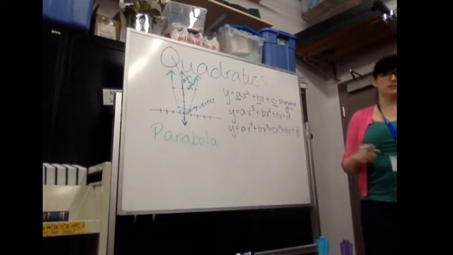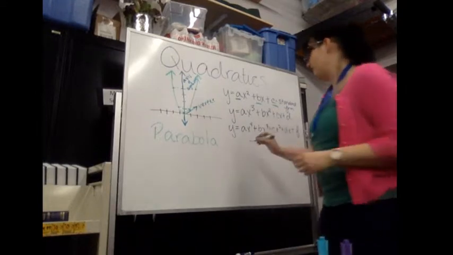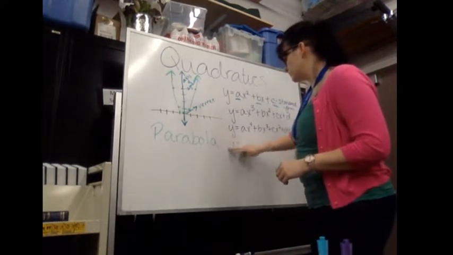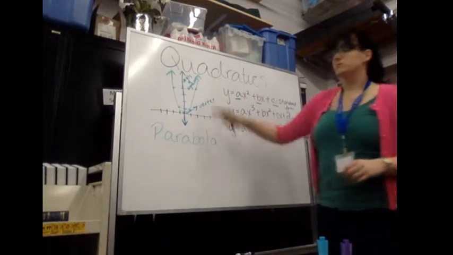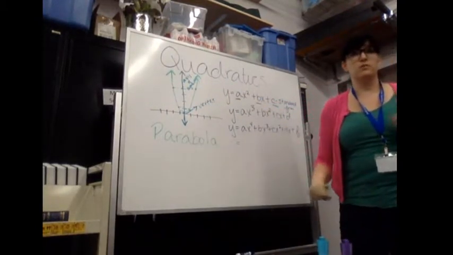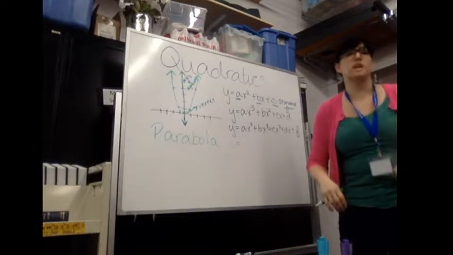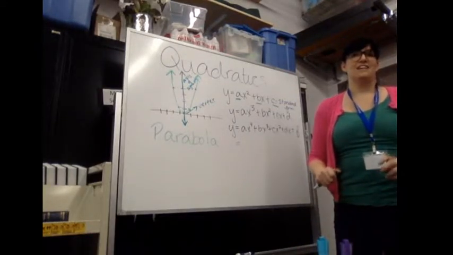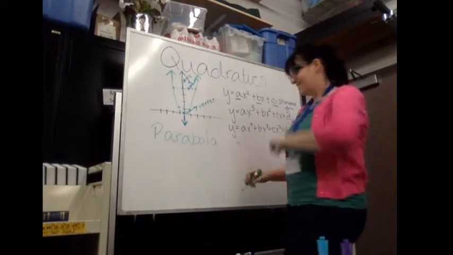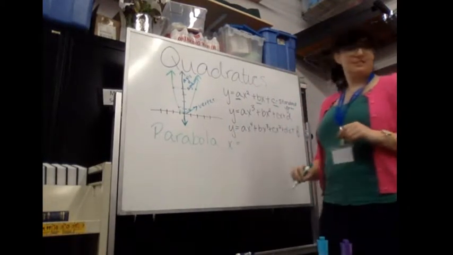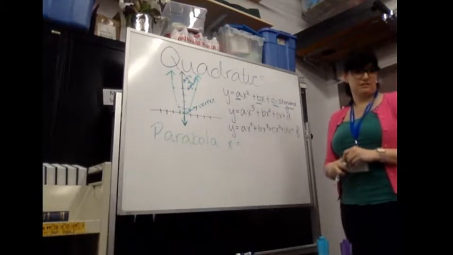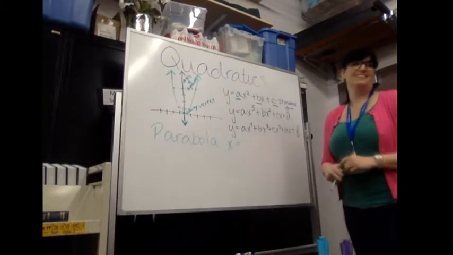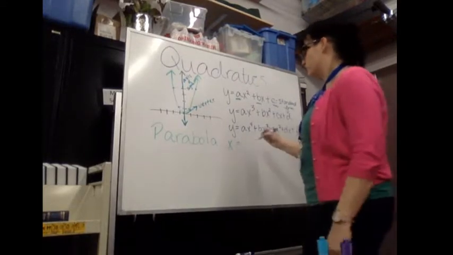Does that make sense? So, when we are looking for our axis of symmetry, it is always going to be a vertical line. Does anybody remember what the equation for a vertical line is like? It has an x in it. The slope is undefined, because there's no change in x.